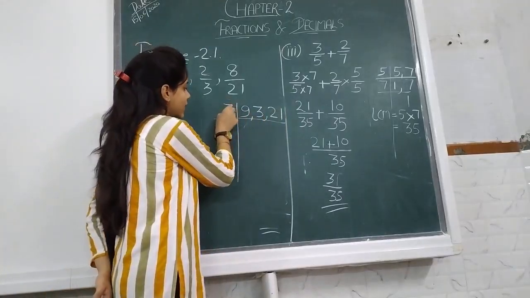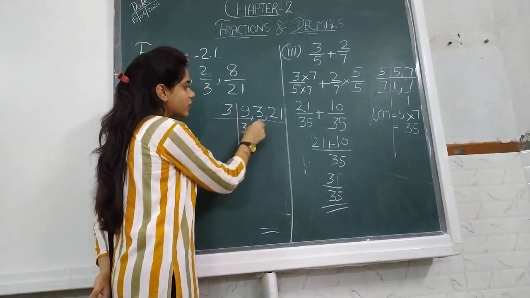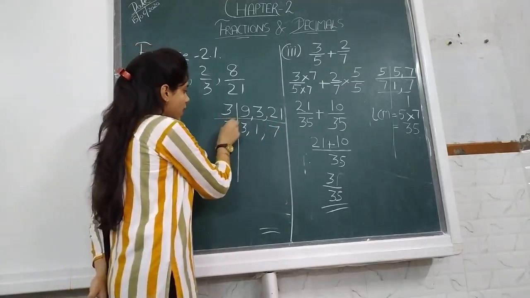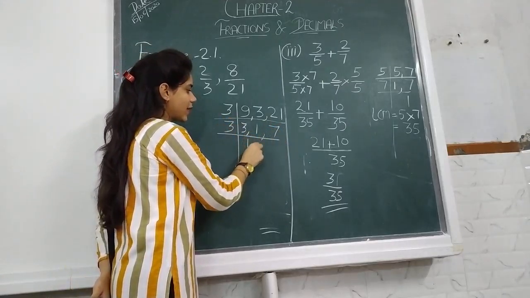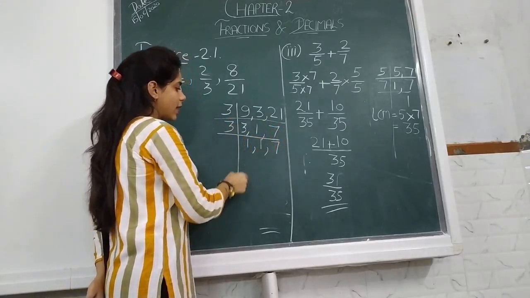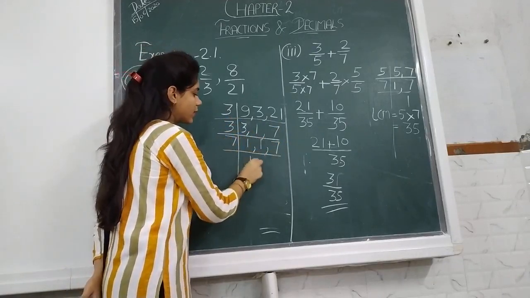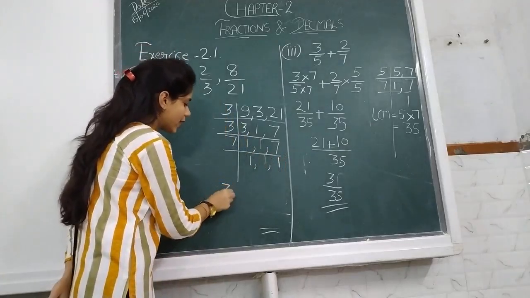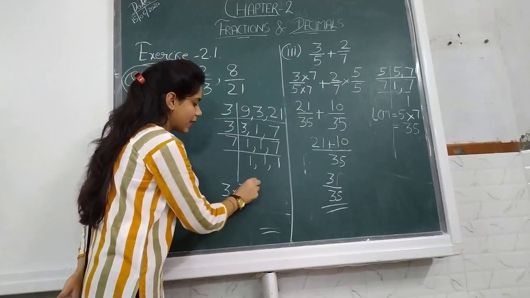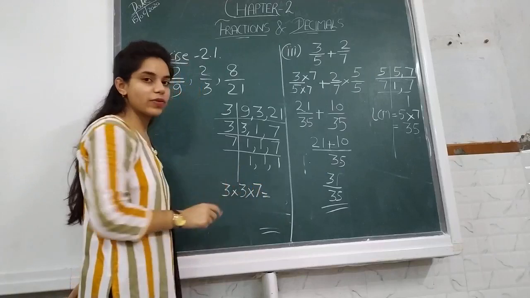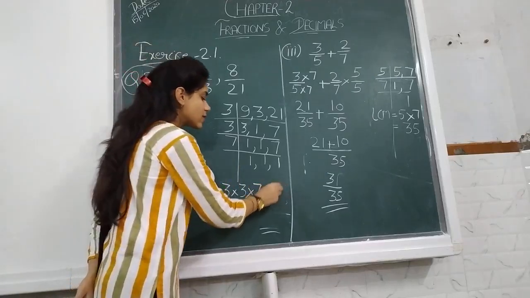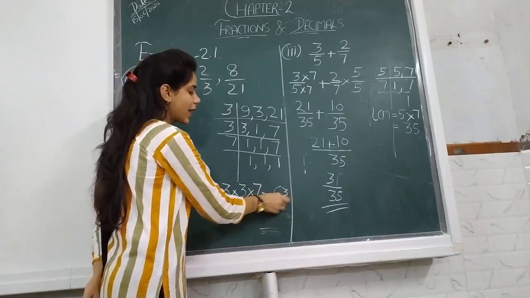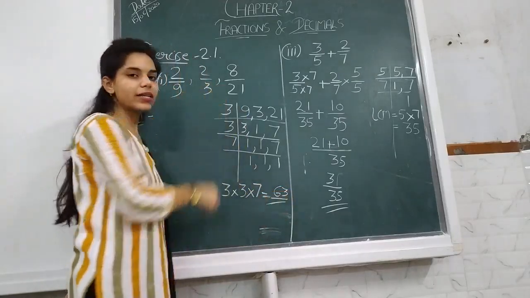So 3 3s are 9, 3 1s are 3, 3 7s are 21. Now 3 1s are 3, 1, 7. Now 7. 7 1s are 7. So 3 into 3 into 7 gives 7 3s are 21 and 21 3s are 63. Got it? So 63 will be the LCM of 9, 3 and 21.